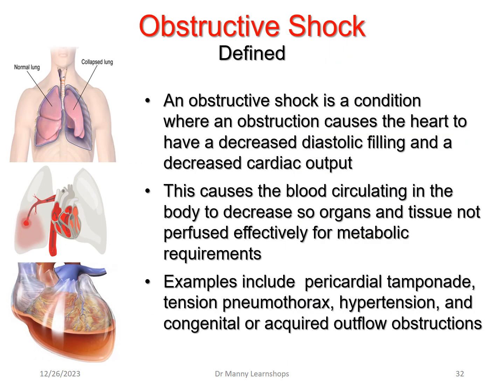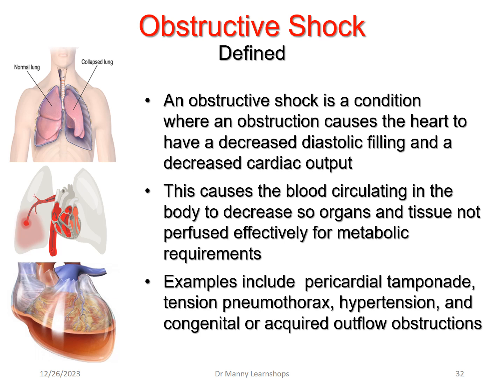When we look at obstructive shock, as it says, anything that obstructs blood flow getting into the heart or getting out of the heart. And this is a condition where obstruction causes the heart to have decreased diastolic filling, blood getting in, and decreased cardiac output, blood getting out.